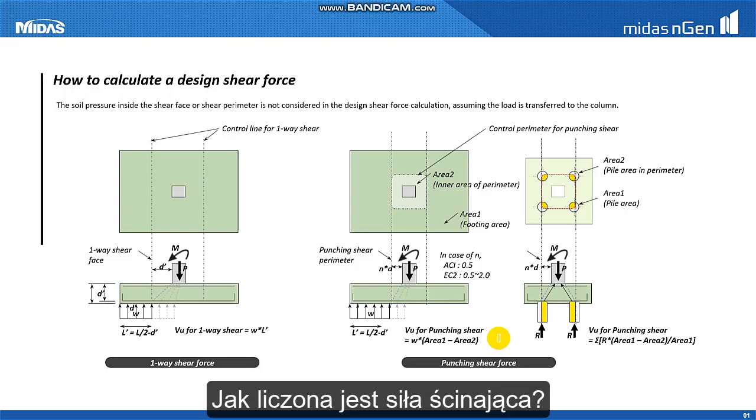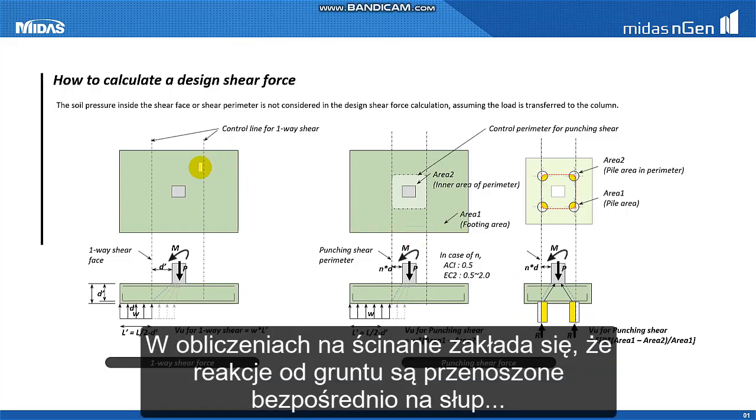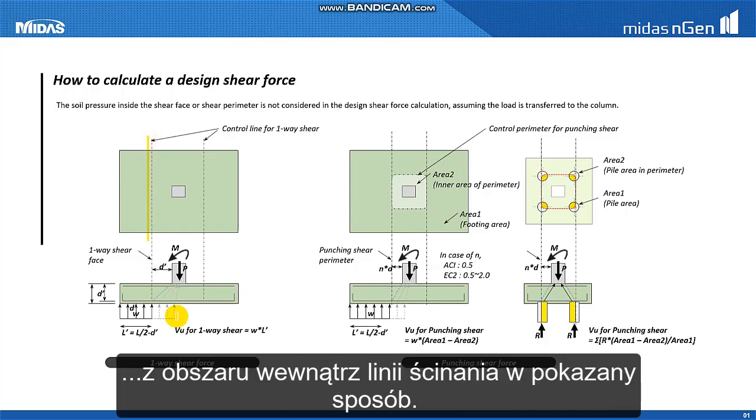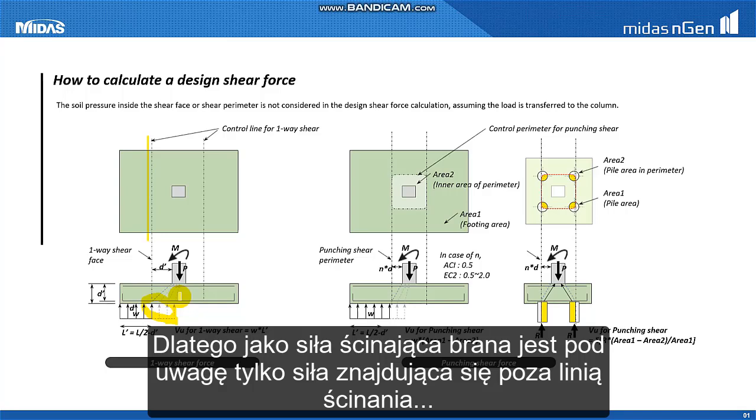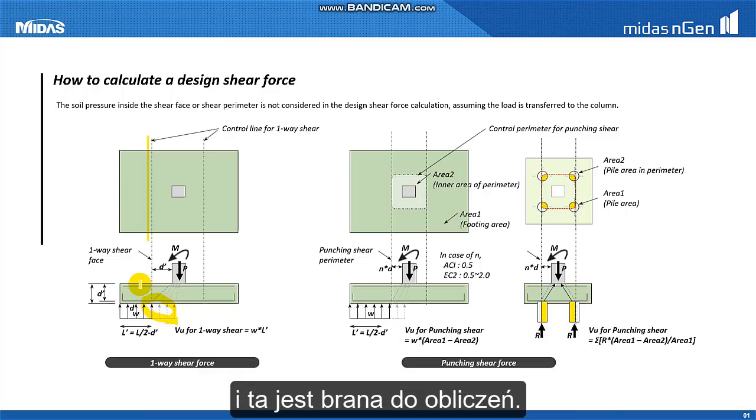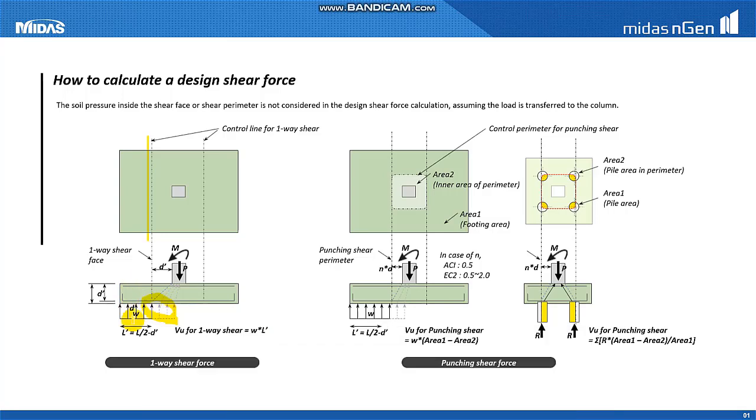In the one-way shear design, it is assumed that the soil reaction force is transmitted directly to the column in the area inside the shear line as follows. Therefore, the one-way shear force is calculated only as the force outside the control line and reflected in the design.